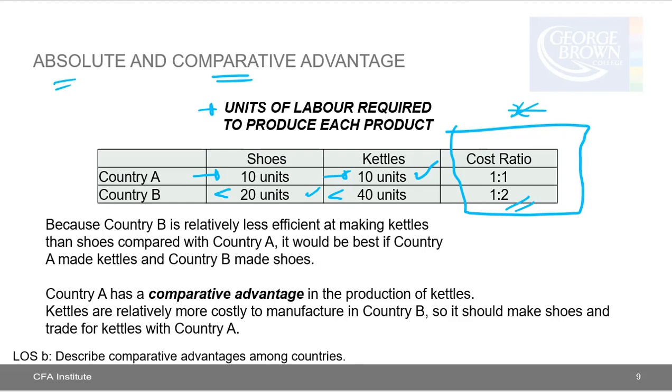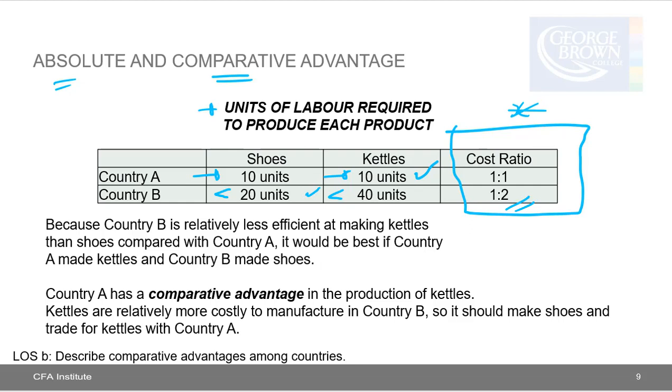Therefore, country A is more efficient than country B at producing an additional kettle. Country A also has what is called a comparative advantage in making kettles. In our example, the opportunity cost of making a kettle is 1 pair of shoes in country A and 2 pairs of shoes in country B. Okay?